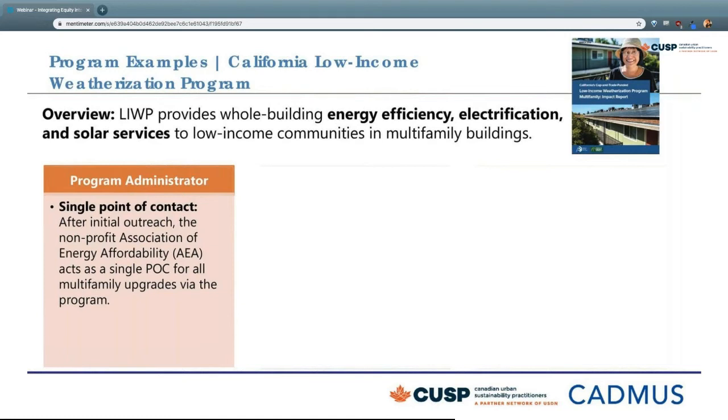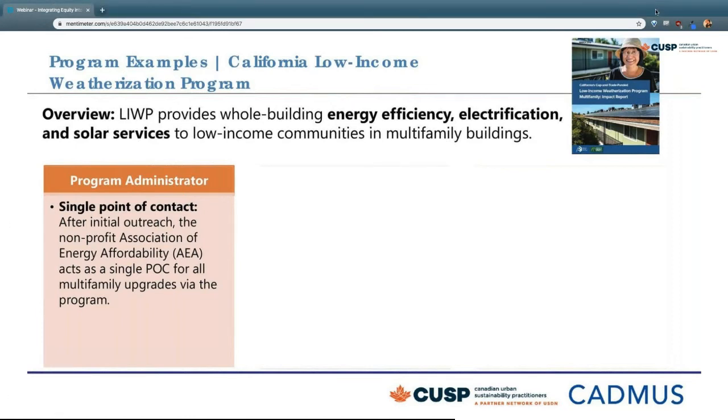So in terms of the program administration, they have an organization called Association of Energy Affordability, which is the single point of contact for all the upgrades via the program. So they're responsible for contractor procurement, on-site property assessments, and coordination of incentives and financing.